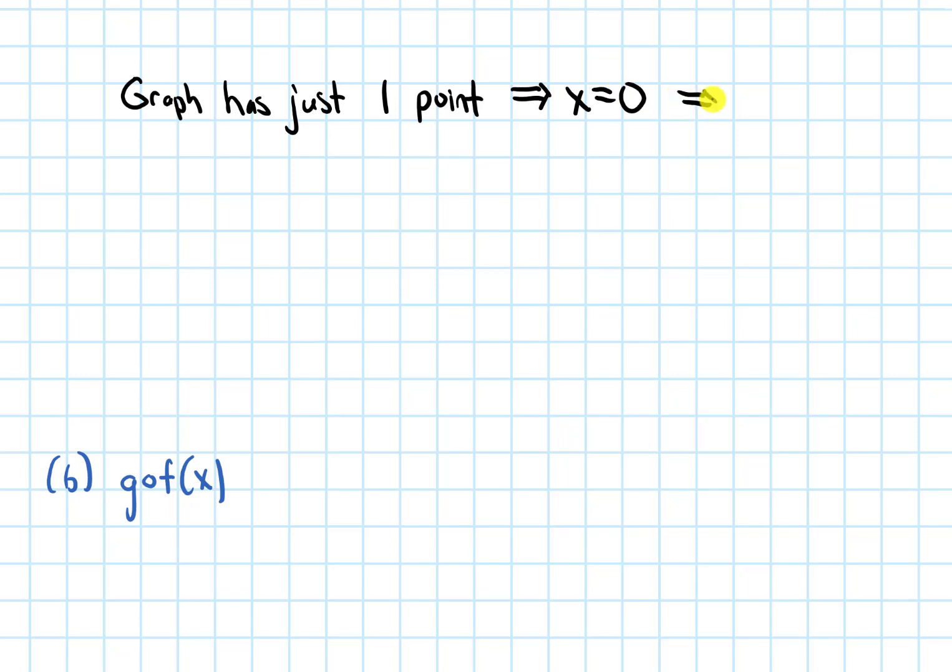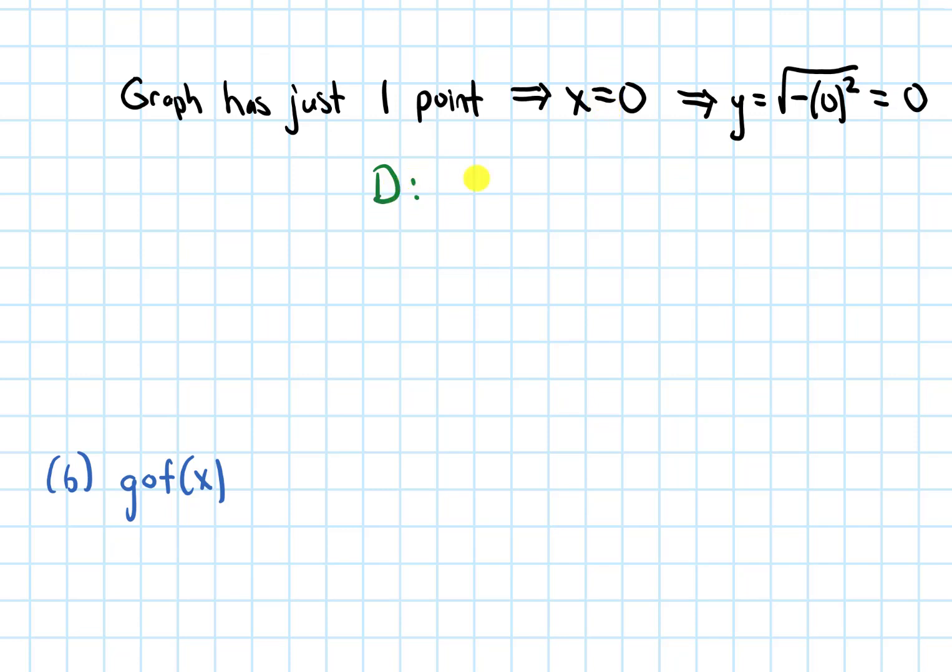And if I plug that into my formula, we get y equals the square root of negative x squared. So we get negative, and I plug in 0, and we get 0 squared. So this is square root of 0, which is 0. So my y value is 0. Okay, so the domain we've already identified. It's just one point.